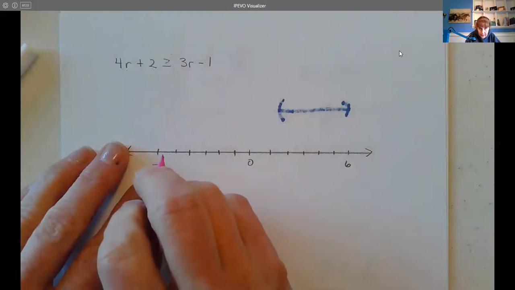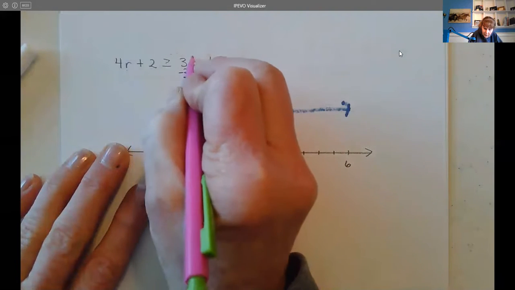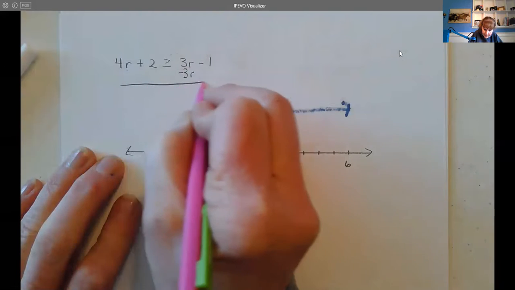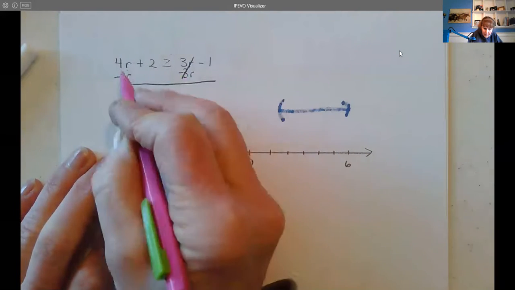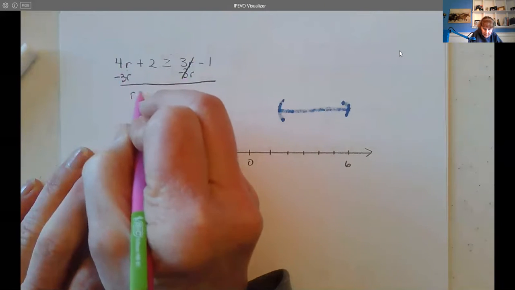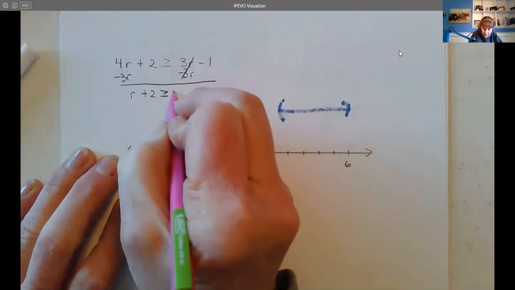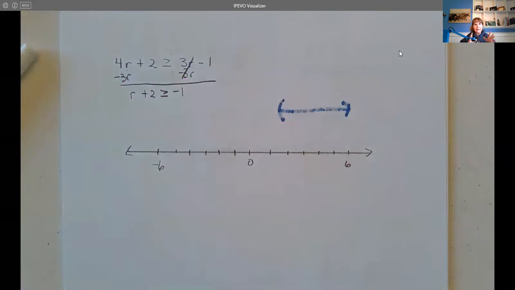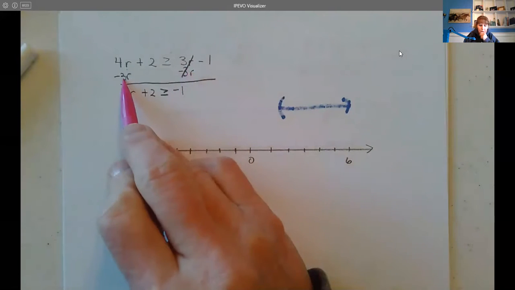It's easier to read, which means I'm going to subtract 3R to get rid of it here. 4R and a negative 3R is 1R, and I'm left with the negative 1 over there. I'm hoping that step wasn't too difficult. Again, just to get rid of it here by adding the opposite, which moves it over to here.